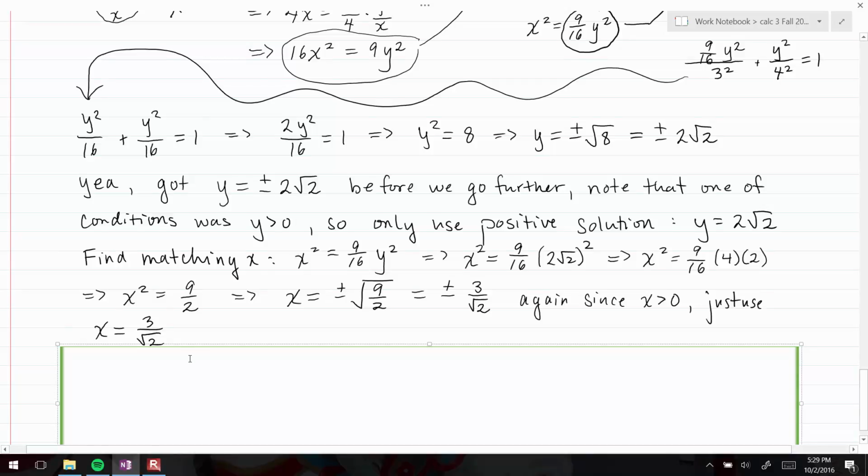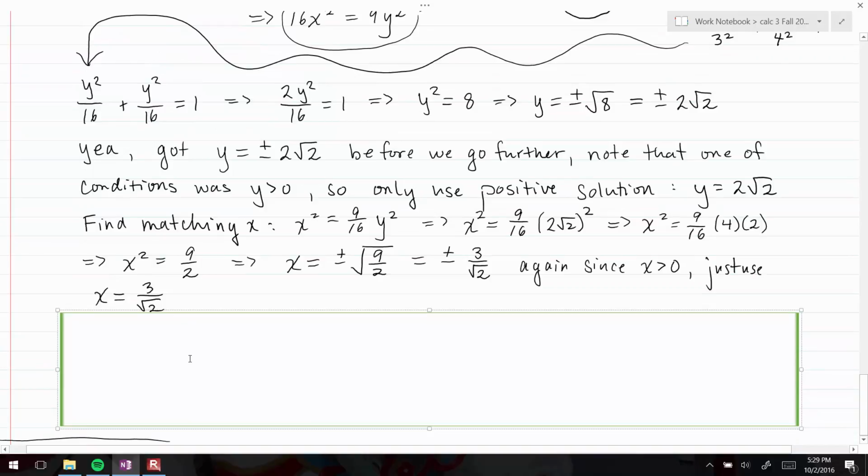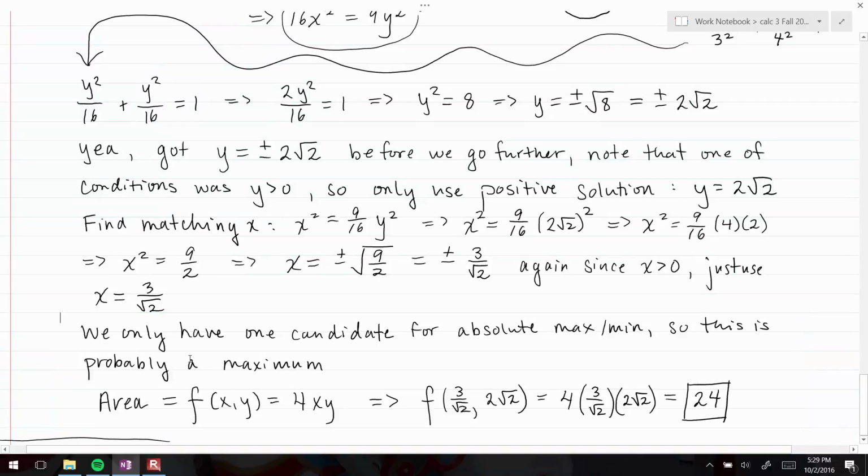Alright, so that's good. What this means is we only have one point that's a critical value, like critical point. And so that's probably pretty much our answer, is how this will work. But let's plug it in and see what we get.